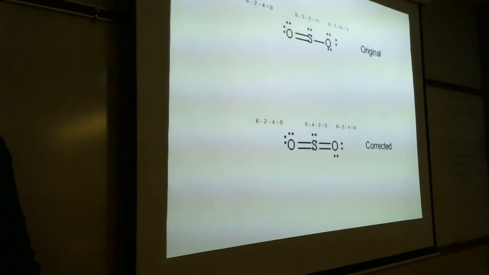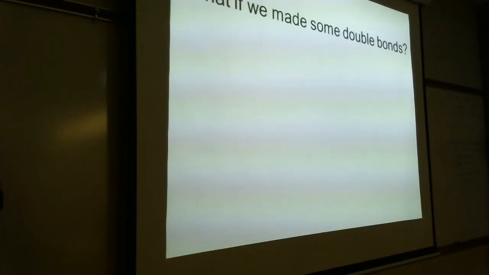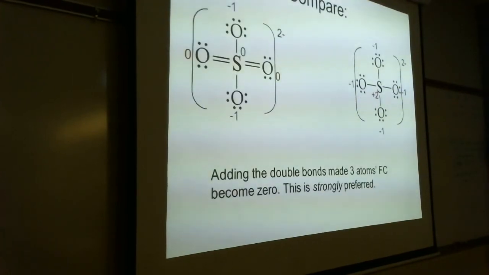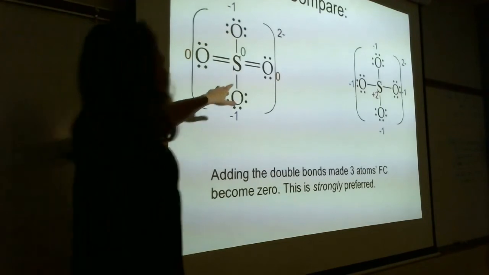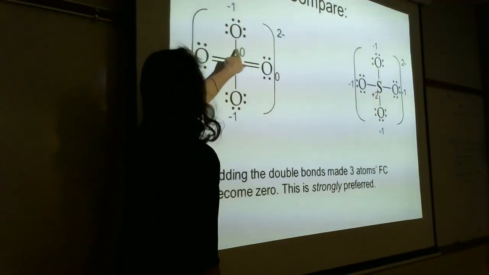Now, if your modification causes the central atom to take on an expanded octet, that's okay. If you think back to our sulfate example, that modification made the central atom take on an expanded octet, 2, 4, 6, 8, 10, 12.